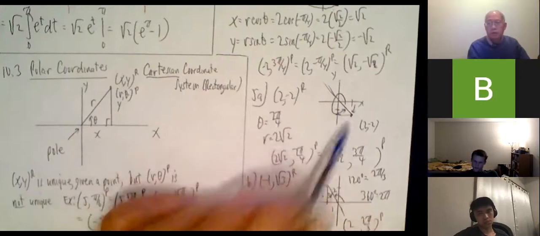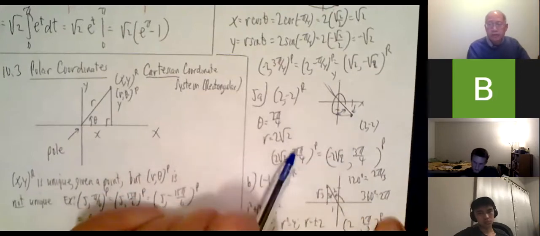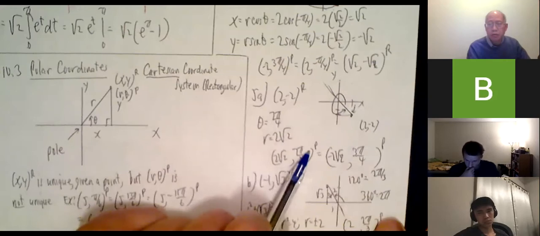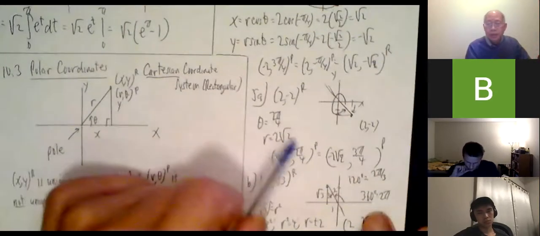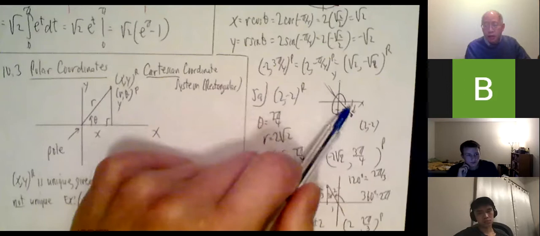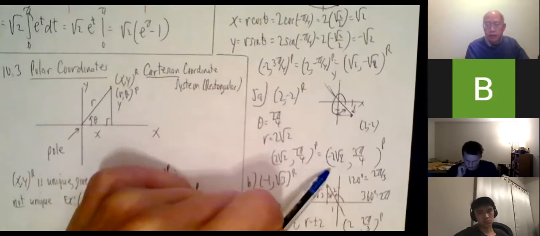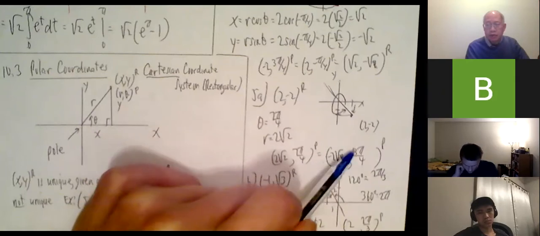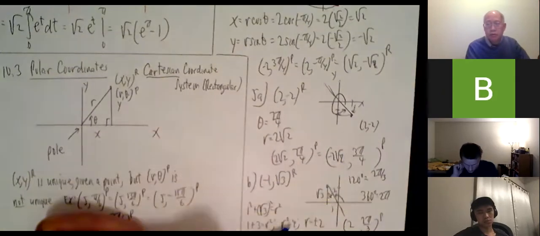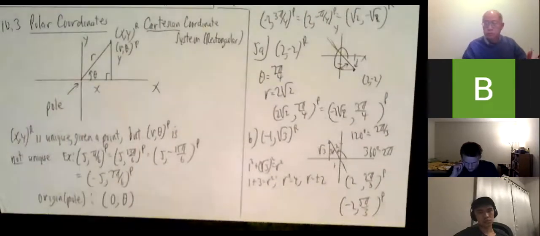So how do I label this point? 2 radical 2 comma 7 pi over 4 in polar coordinates. If you want a negative r, then I go 180 degrees off, which is 3 pi over 4, and say negative 2 radical 2. So negative 2 radical 2, 3 pi over 4 in polar coordinates.